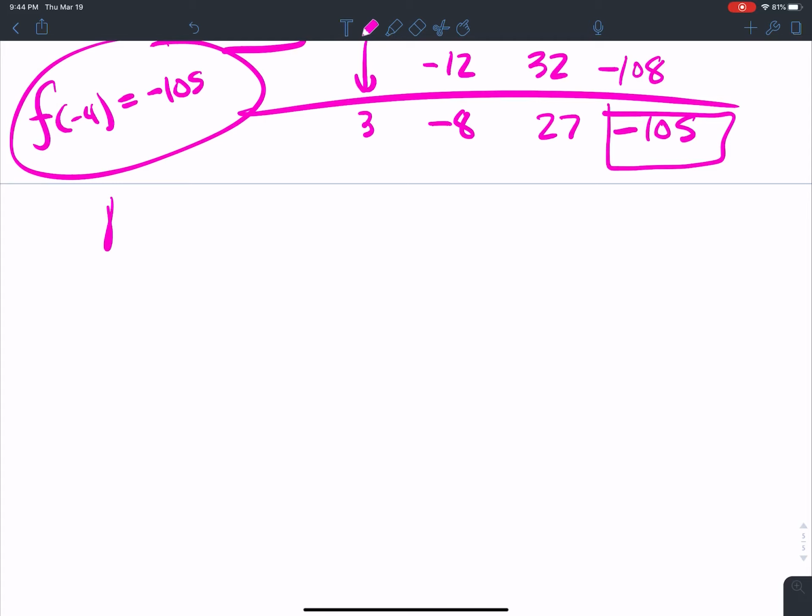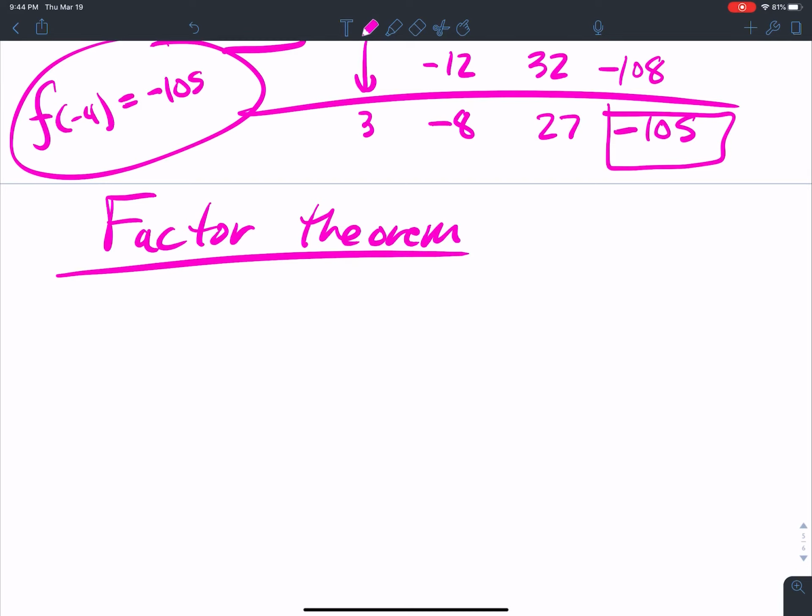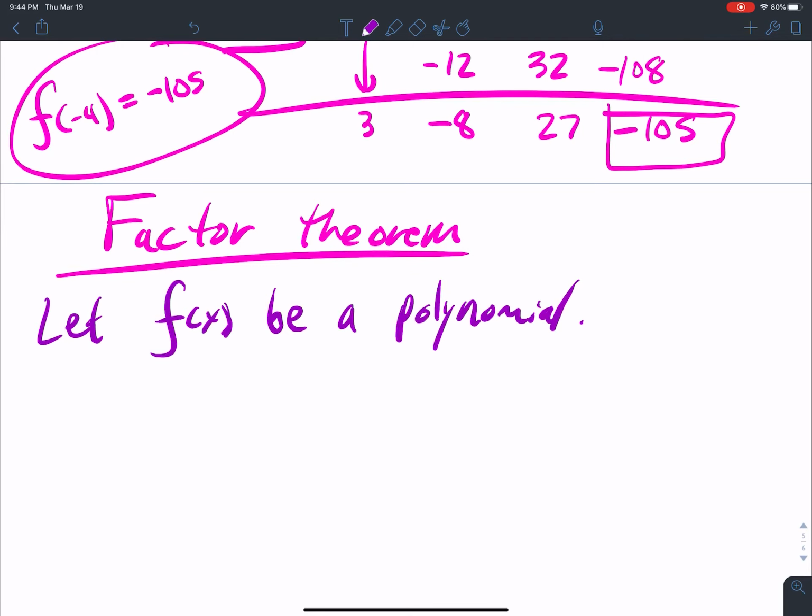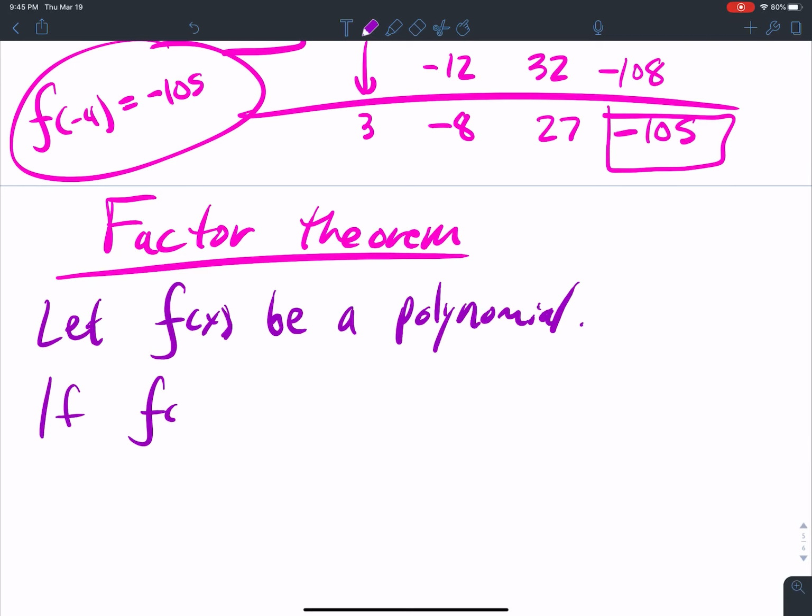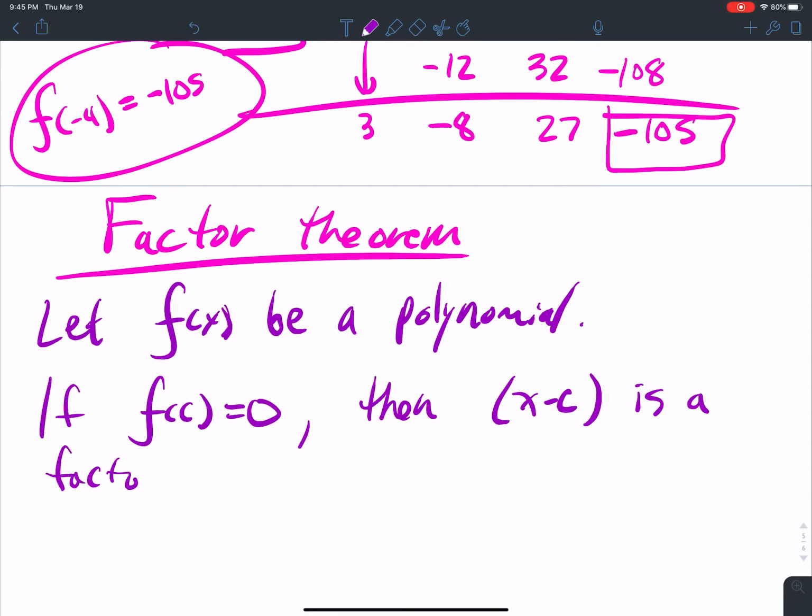So the factor theorem. How does the factor theorem work? Let f of x be a polynomial. If f of c equals 0, then x minus c is a factor of f of x.